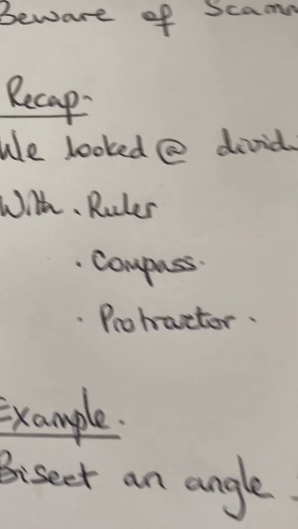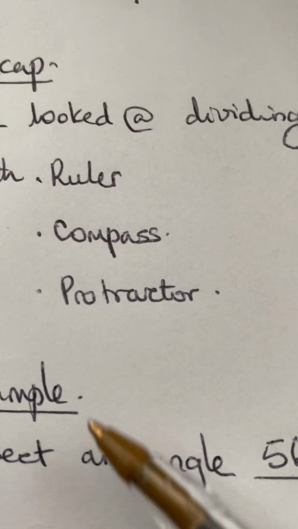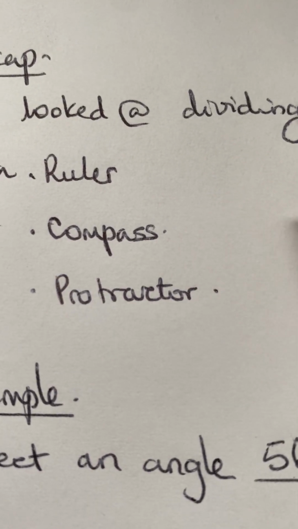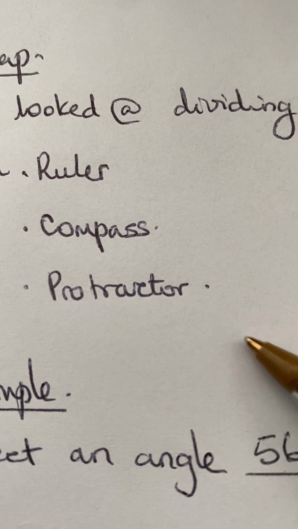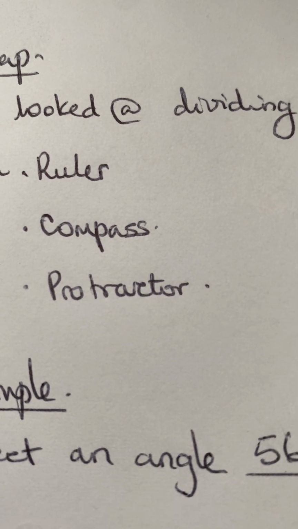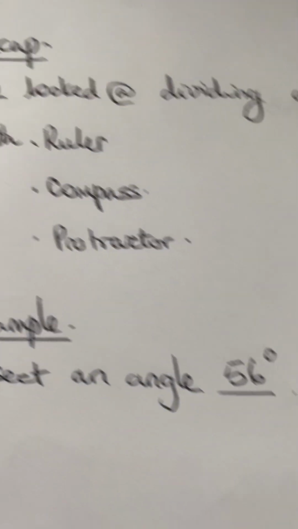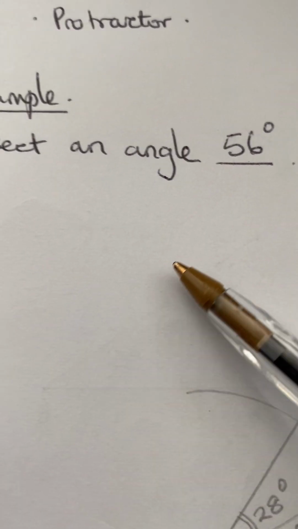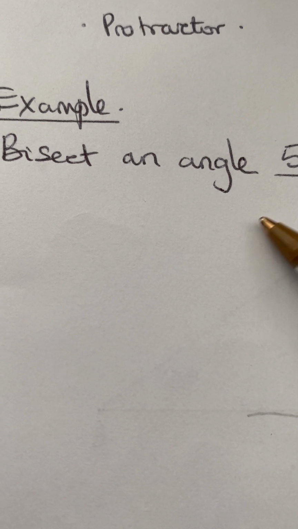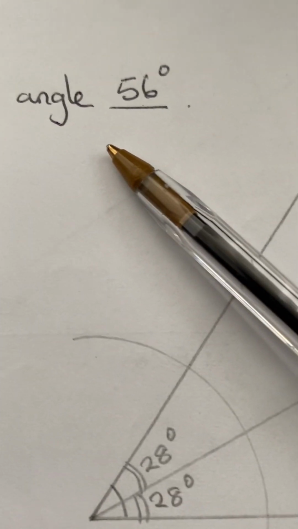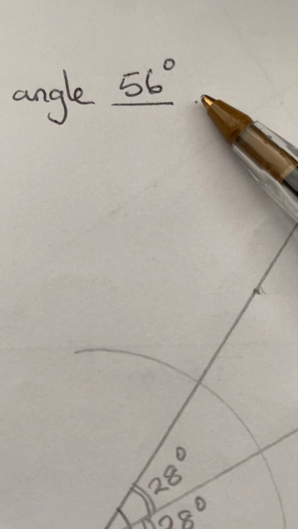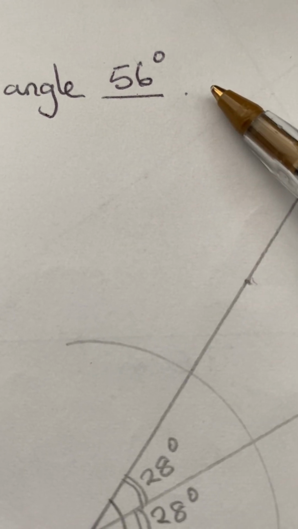Now we know that we need a ruler, a compass, and a protractor, which I've shown you over and over again. So let's quickly look at an example. Bisect an angle of 56 degrees.